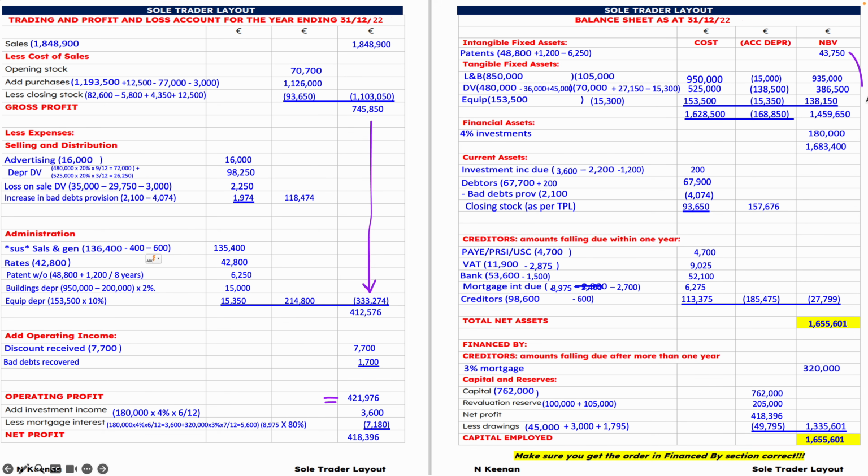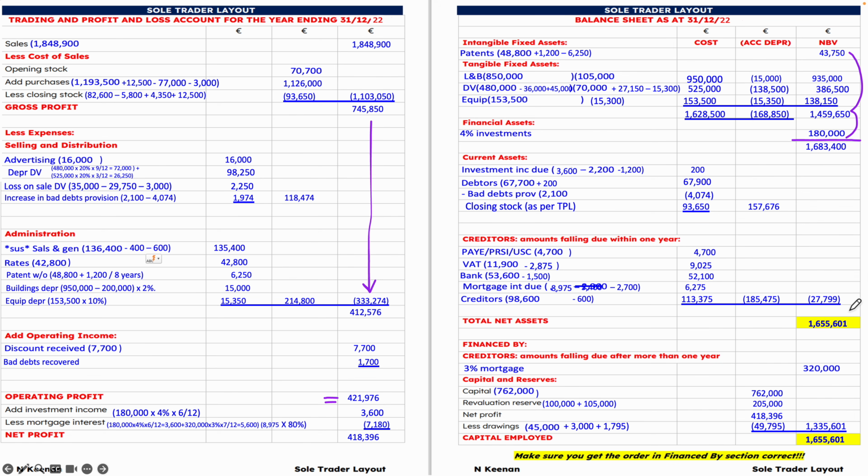You have to make sure that in your fixed assets you're not forgetting to add your intangible, tangible and financial assets, to give you 1,683,400. Your current assets, you add them all up to get 157,676. The creditors, you add them all up to get 185,475.